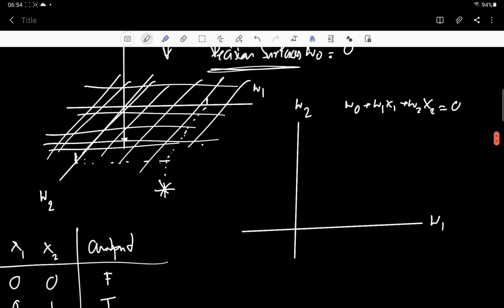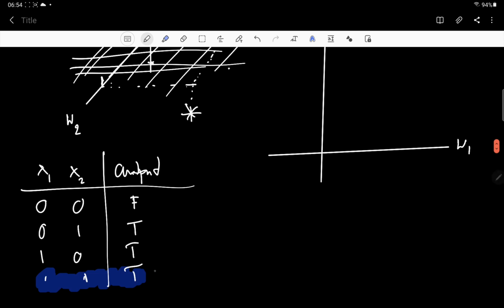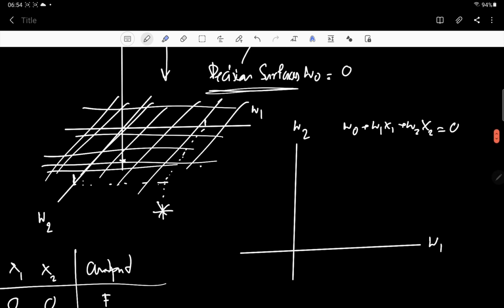Okay, now we come back here and we have x1 and x2 to be 1 and 1. So please look at this. If we convert this part into the space of W0, W1, and W2, x1 is 1, and of course x2 is 1 also.